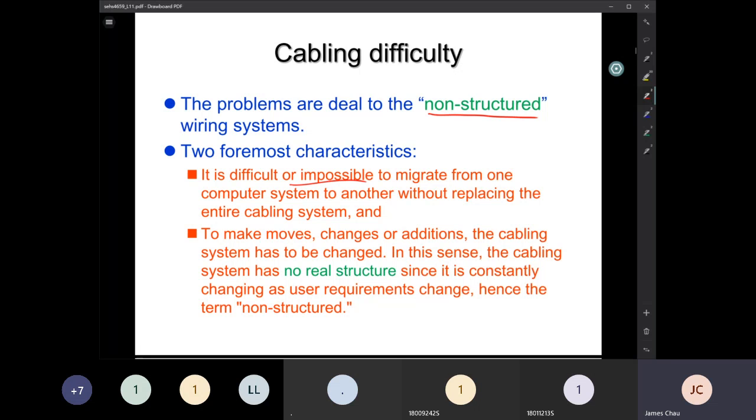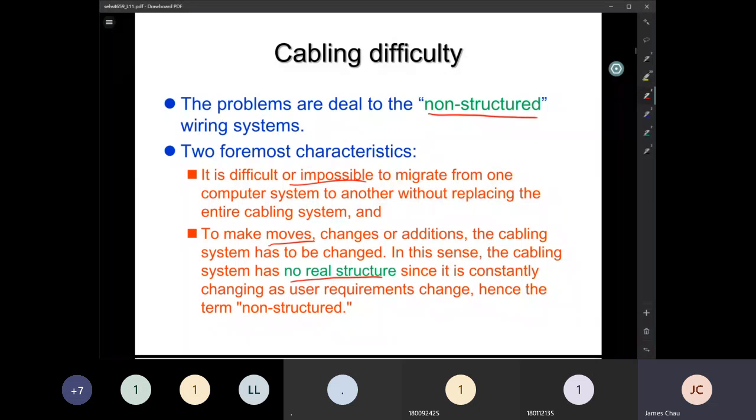On the other hand, if you are going to make a move, change, or addition, the cabling system also needs to change. At least we need to suspend, because the cable system has no real structure. That means it is loosely configured. When you are going to add a new system, you need to break it up in order to install the new system.